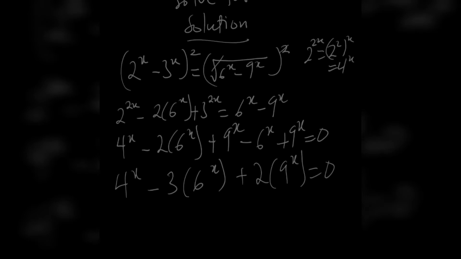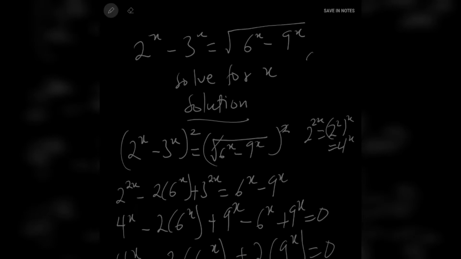Now the next part is we are going to divide through by any of these, either 4 power x, 6 power x, or 9 power x. You can choose which one you want. Let's say we divide through by 9 power x.